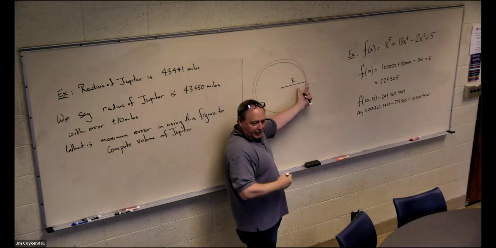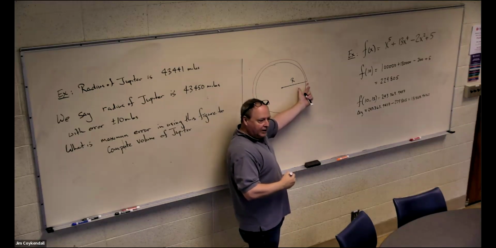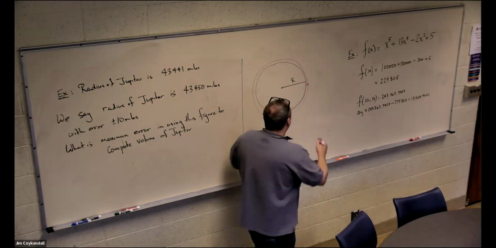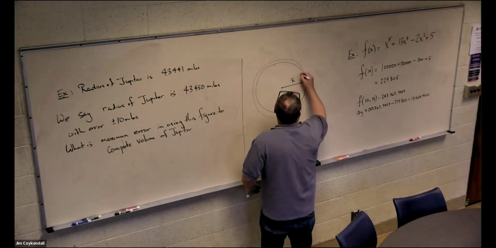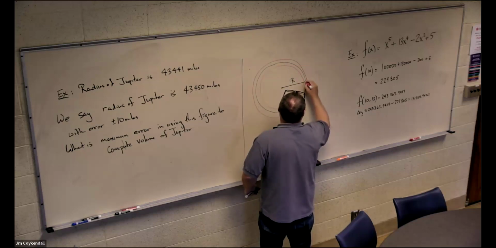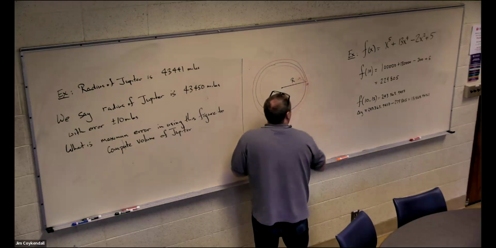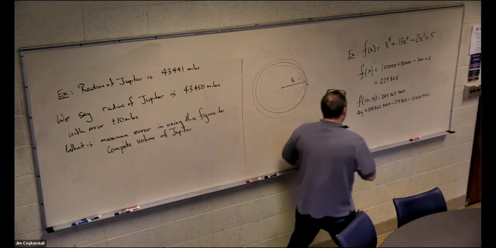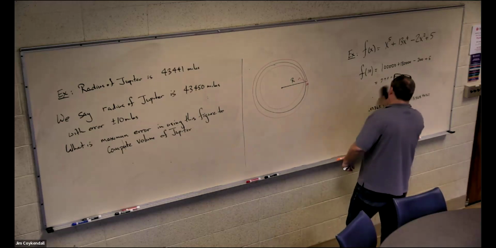And if I did, Jupiter's actually fatter than I thought it was and has more volume. That'll give me an error. I could have measured it too small. I want to figure out how much I missed the volume.